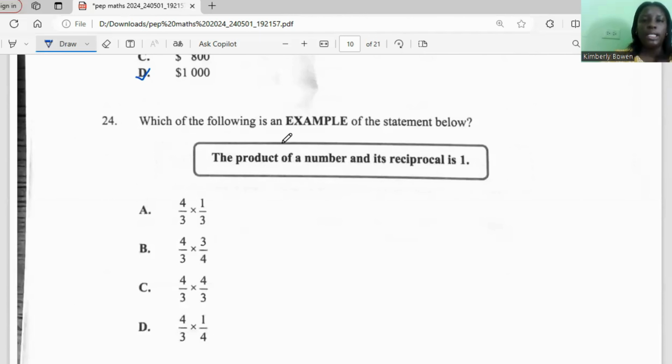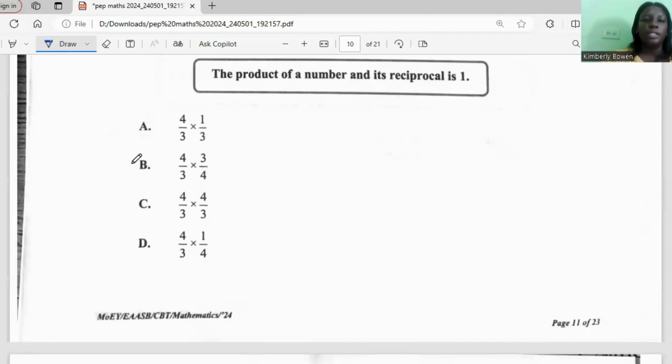Which of the following is an example of a statement below? The product of a number and its reciprocal is 1. This is a repeated question. The correct answer is B. Let me just show the working out.